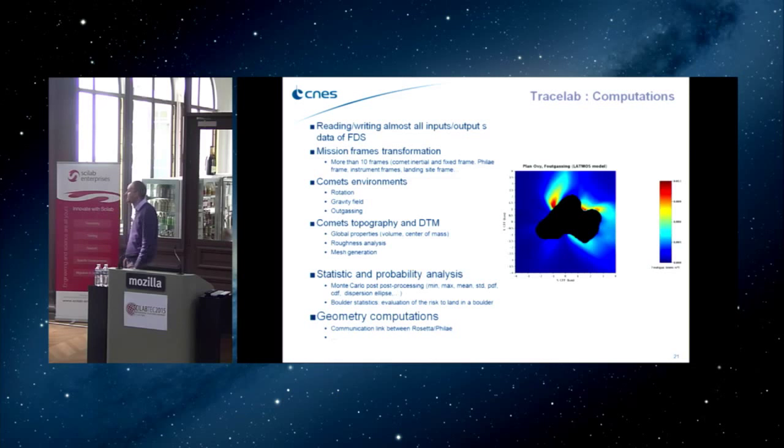So the scientific camera sent us, for several candidate landing sites, files with boulder size and location, and we derive the probability. And it was important to look at the risk between the different landing sites and find the best one. We're also doing geometry computation, like communication links between Rosetta and Philae.